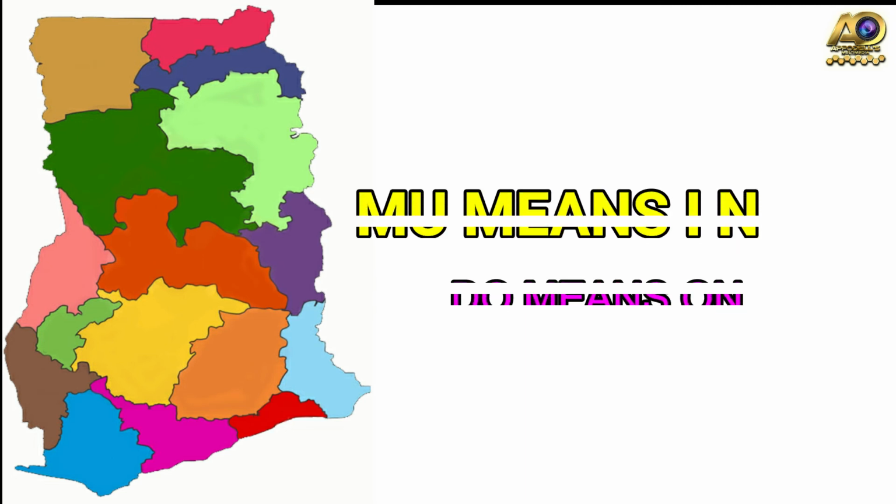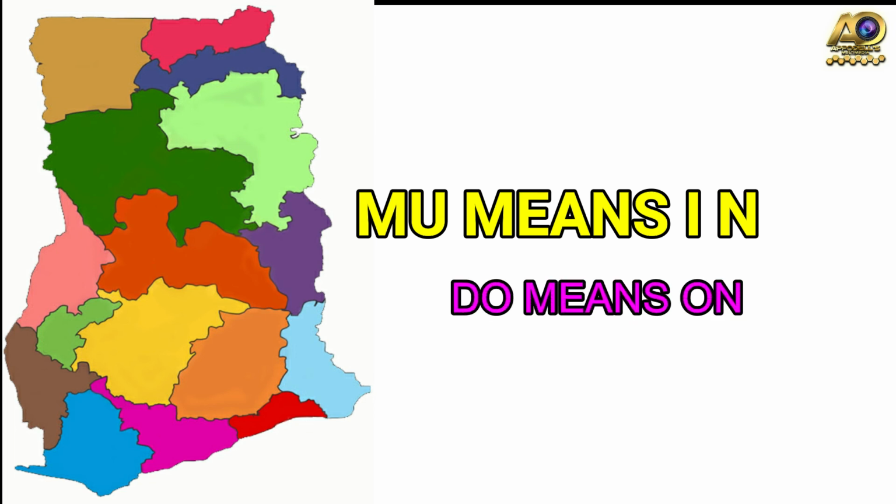When we came to Savannah region, we said Sardo Mantle. Do means on. So Sardo is on the Sar, and Sarmu is in the Sar. So in is mu and do is on.